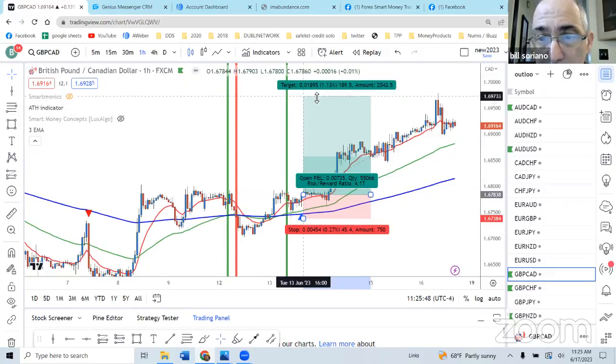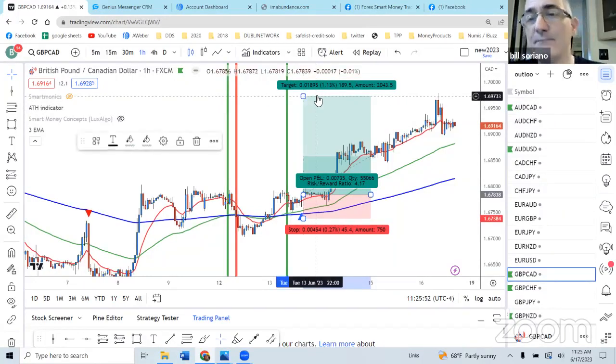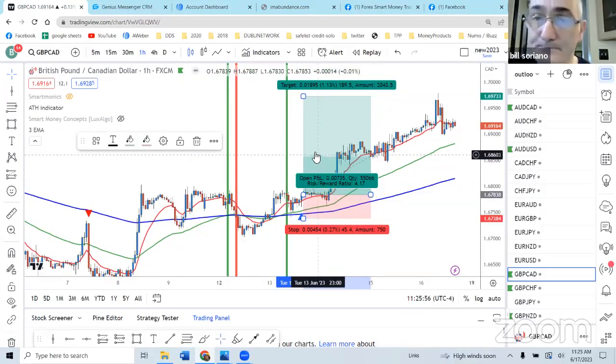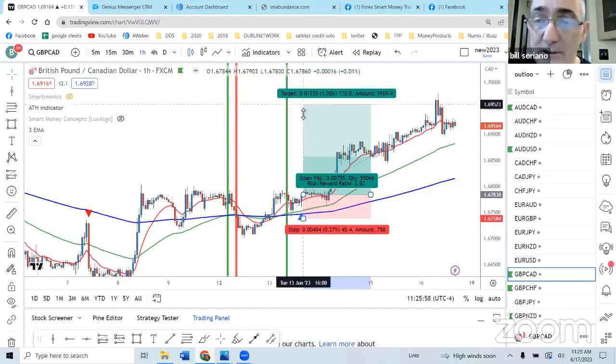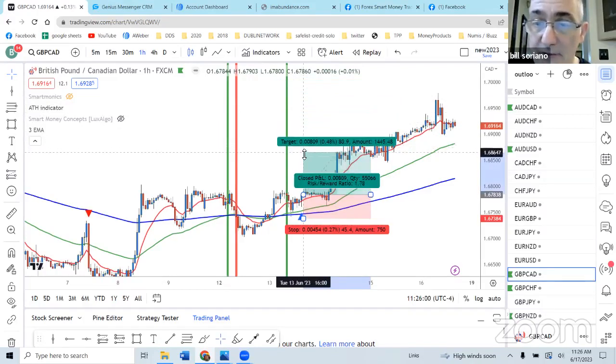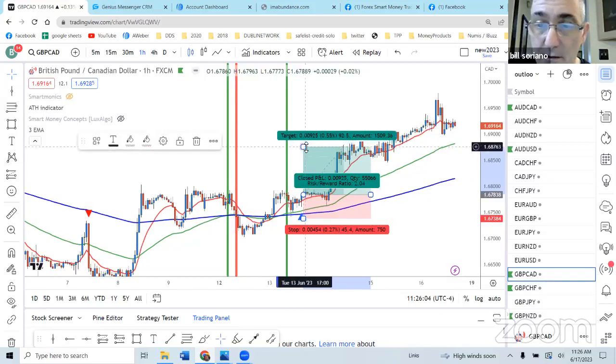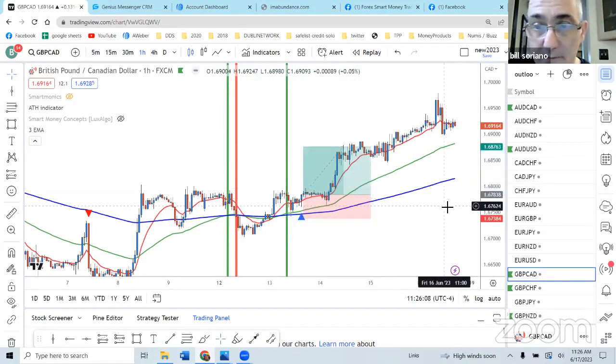And this moves up, could give you a 1-to-4 risk to reward ratio trade, which means now you could exit half the position at 1-to-2, right? It all matters how you want to do this. You could have exited half your position when you had a 1-to-2, okay, right there.